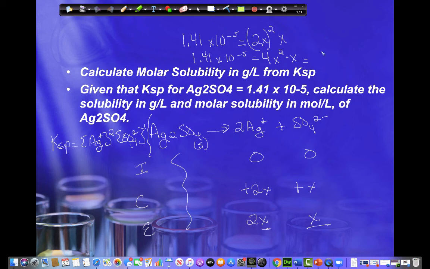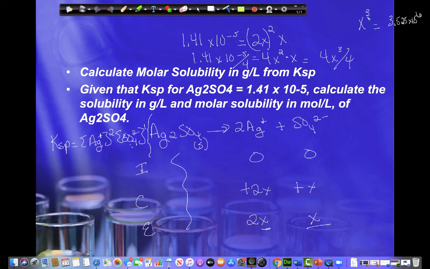Well, that's the same thing as 4x cubed. Now you solve: 4x cubed is equal to 1.41 times 10 to the negative 5th. So you're going to divide both sides by 4. Now we're going to have x cubed is equal to 3.525 times 10 to the negative 6.